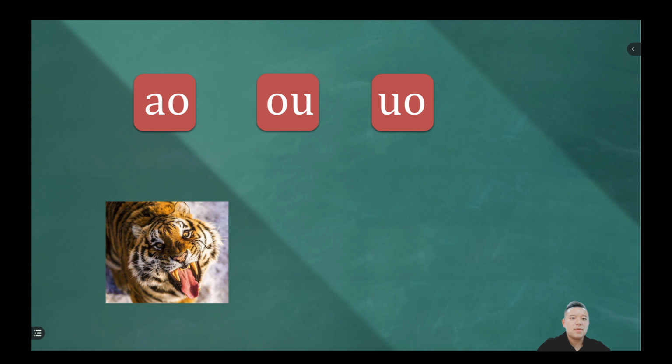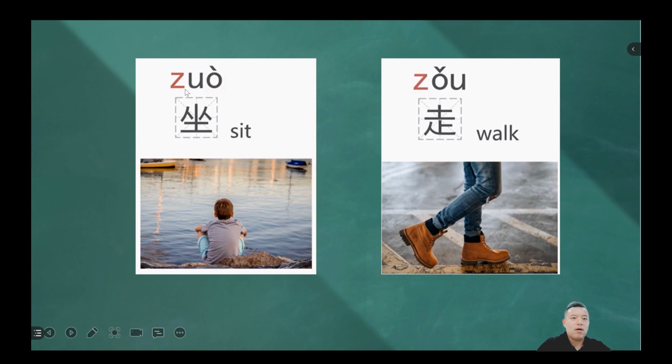Now, let's practice. 坐 sit. 走 jalan means to walk.